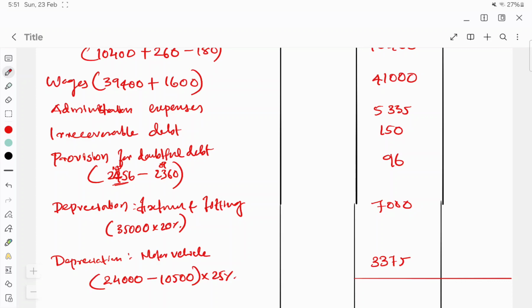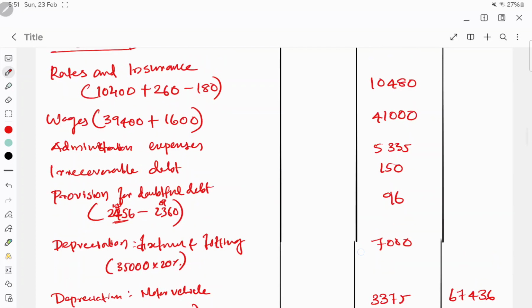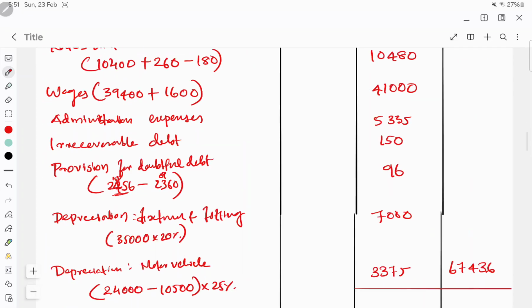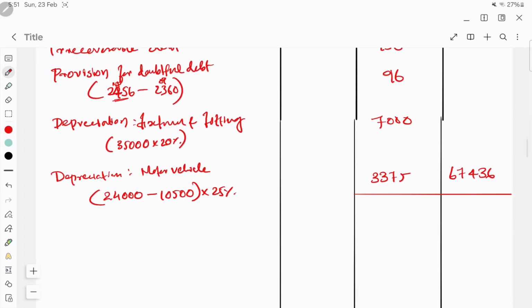The total will be 67,436. Now apply the equation: gross profit plus other income minus other expenses. The profit of the year will be 52,104. So this is the calculation.